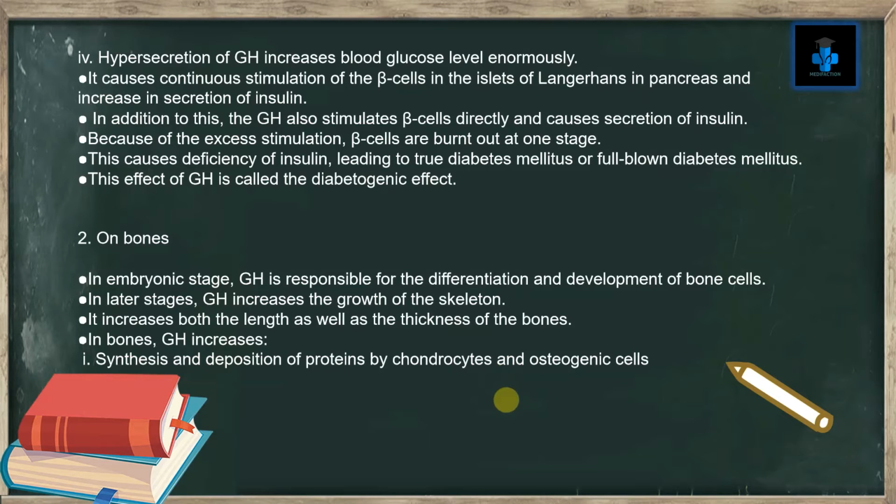On bones. In embryonic stage, growth hormone is responsible for the differentiation and development of bone cells. In later stages, growth hormone increases the growth of the skeleton. It increases both the length as well as the thickness of the bones. In bones, growth hormone causes the synthesis and deposition of the proteins by chondrocytes and osteogenic cells.